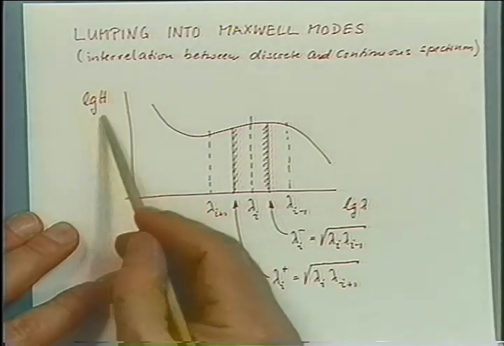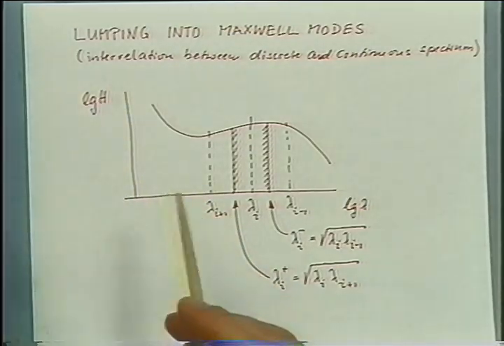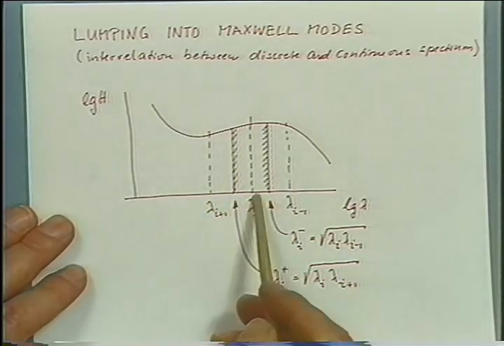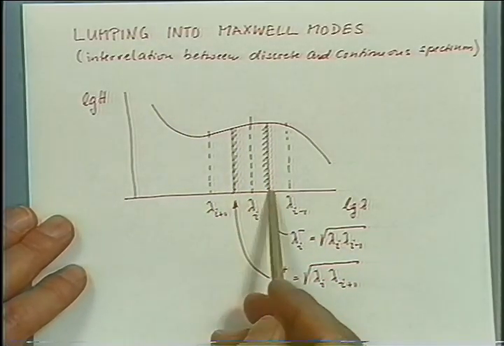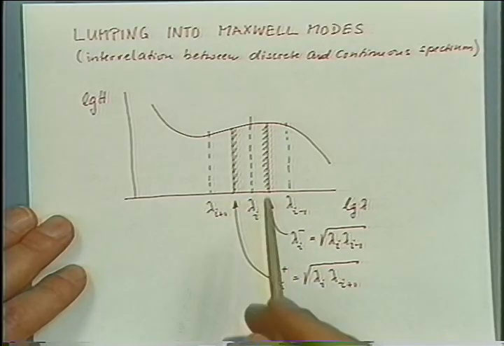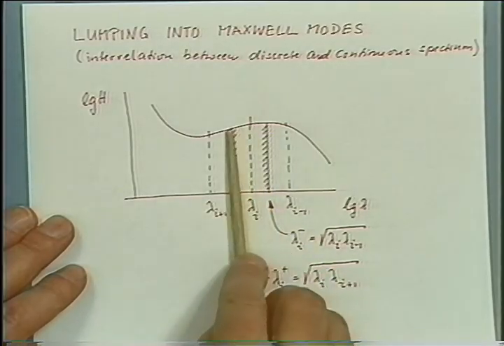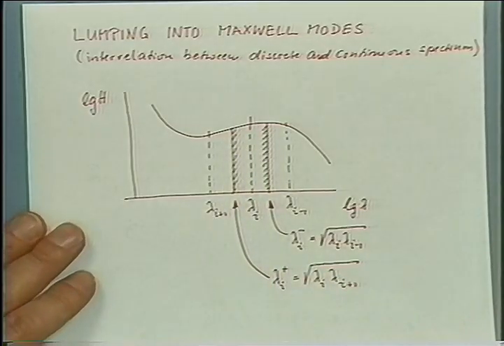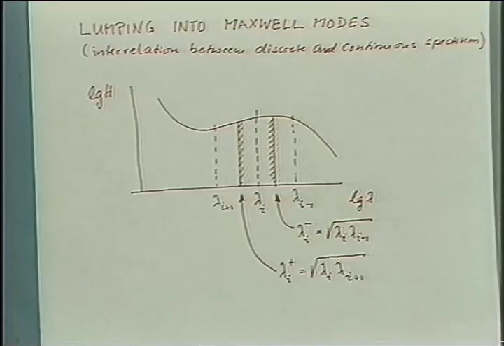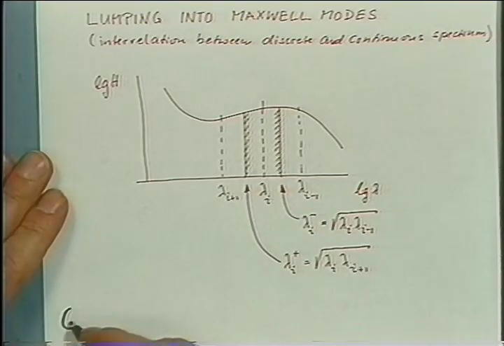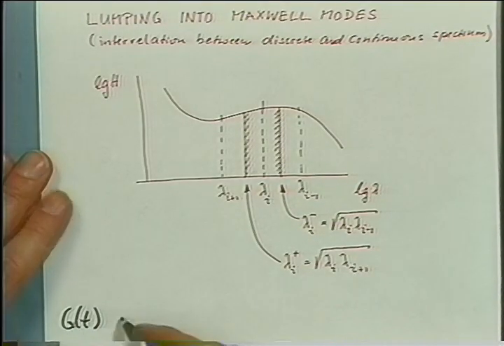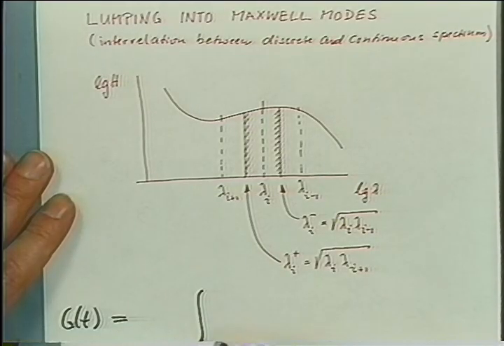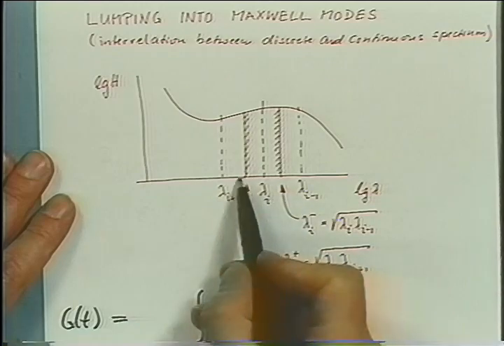Okay, so for a spectrum, which for the time being we assume we know, we would take a range near lambda_i, and we would try to lump the contribution in the vicinity of lambda_i into a single mode. And that goes something like this. We would say that the relaxation modulus, G of t, is given as an integral over the spectrum.